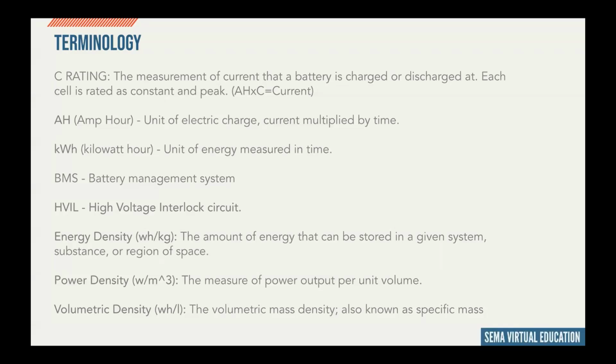Amp hour is the unit of electrical charge multiplied by time. So it is not only just amps, but it's also a reference of time. That's something that we see every cell and pack or module rated at. Kilowatt hours is the unit of energy measured in time. This is going to be our standard overall capacity.